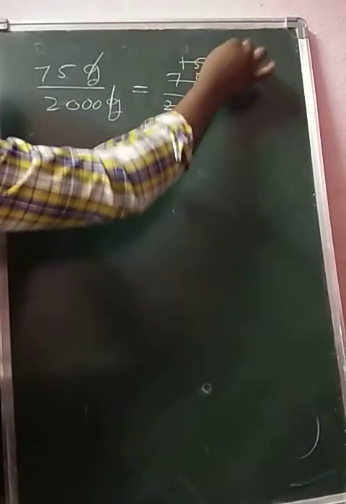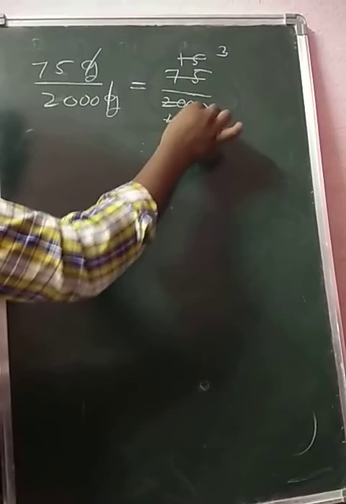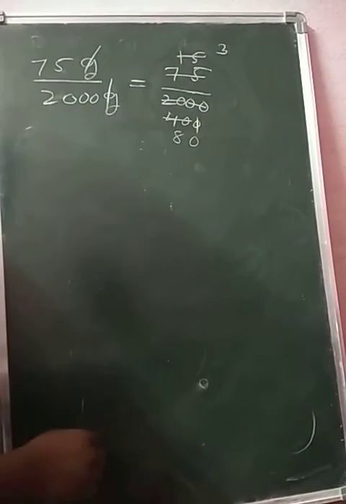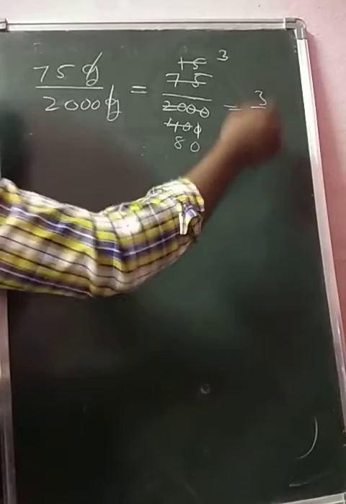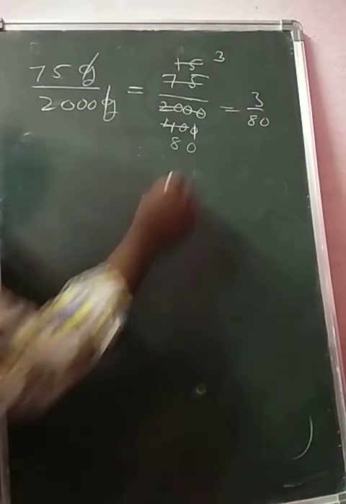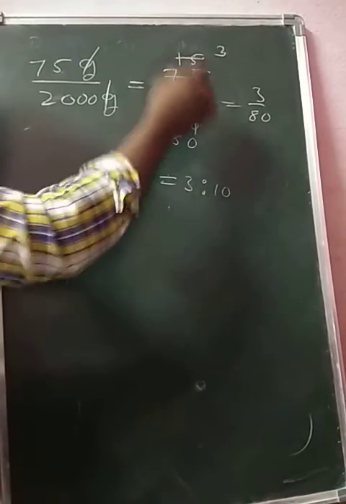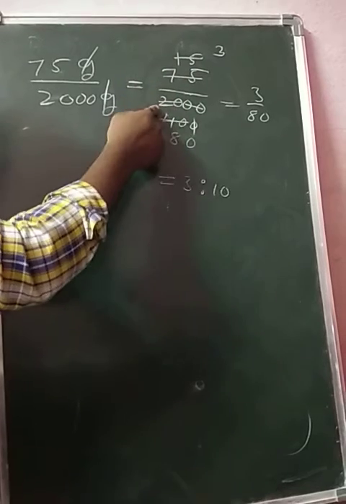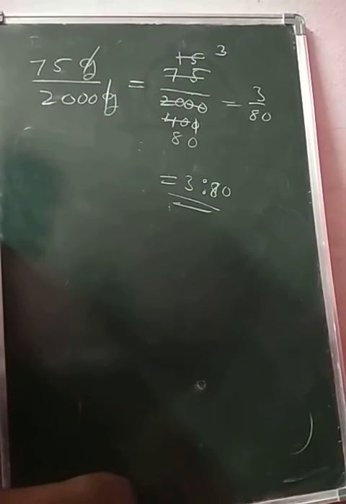Then 5 3s are 15, 5 8s are 40, cancel 0. Now clearly 3 by 80, so cancellation is not possible. Then the simplest form of this ratio is 3:80.